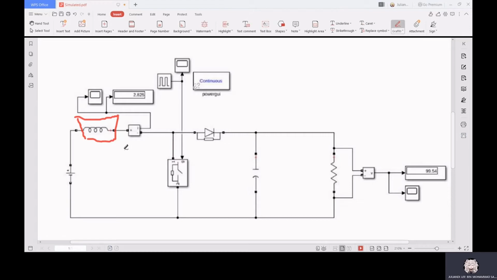The inductor will not allow any sudden changes in the current flow. It does this by generating a high voltage, which is the opposite polarity of the voltage originally supplied to it, using the energy stored inside its magnetic field.